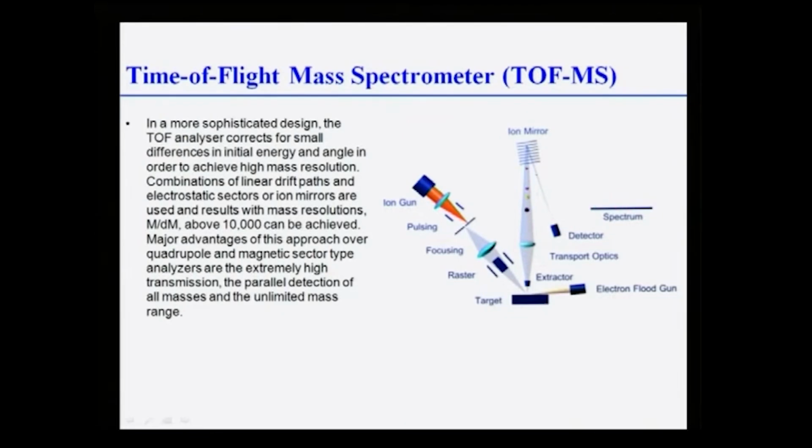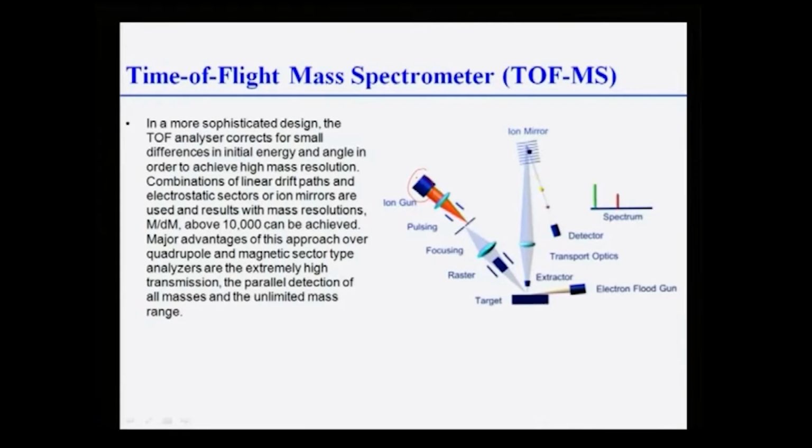You have an ion gun which creates or ionizes the species, and then there is a pulsing action. The ion gun can obviously pulse like a laser beam, and then you can focus this.